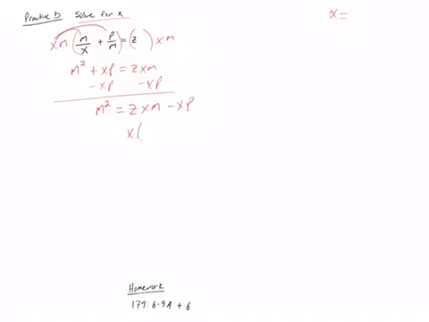It's going to be an x times zm minus p. Then I'm going to divide by zm minus p. This will reduce with that, and I'll end up with x equals m squared over zm minus p.